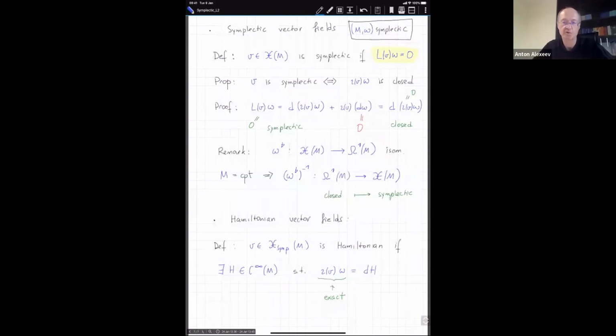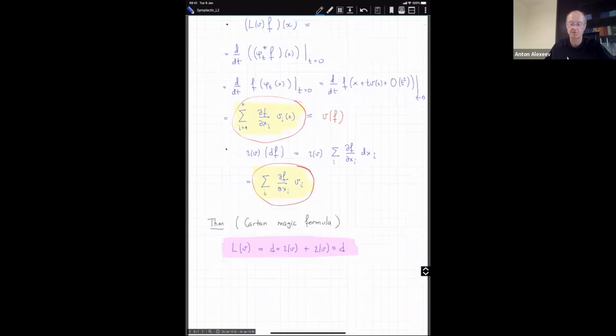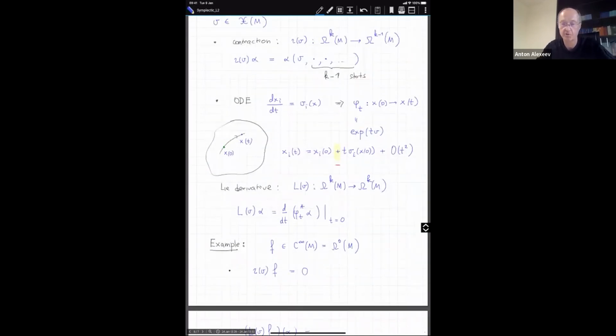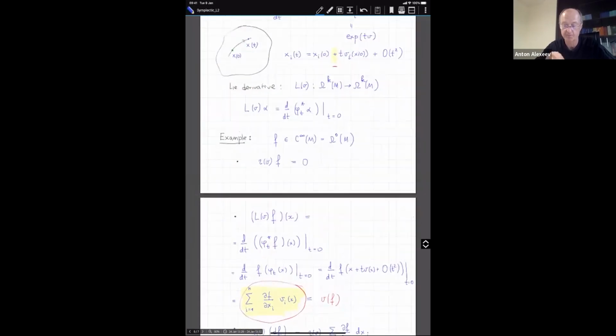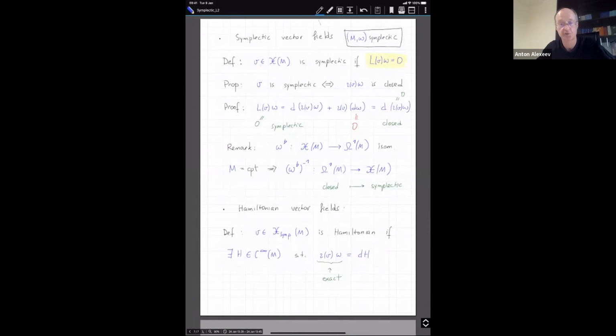As you like, you can take it as a definition, since the proof of the proposition is one line, but the official definition is that the vector field preserves the symplectic structure. Remember the definition in Cartan calculus of this L: you take a flow of your vector field and you differentiate the form along that flow. So we're saying that the flow of V, at least at the point t equals 0, preserves the two form. The derivative of the two form along the flow is 0.